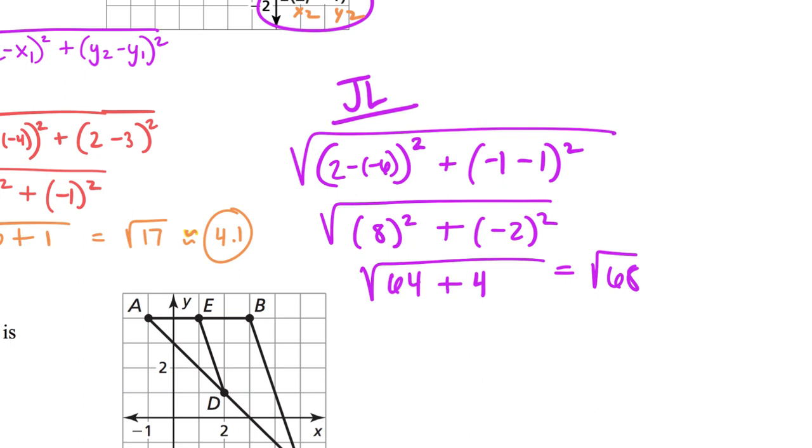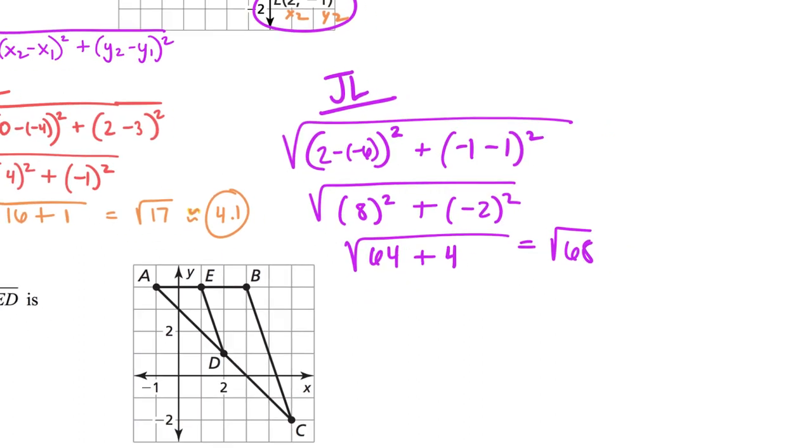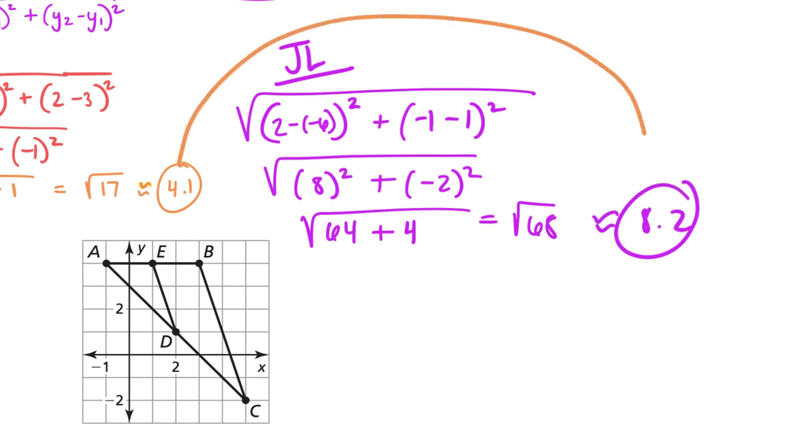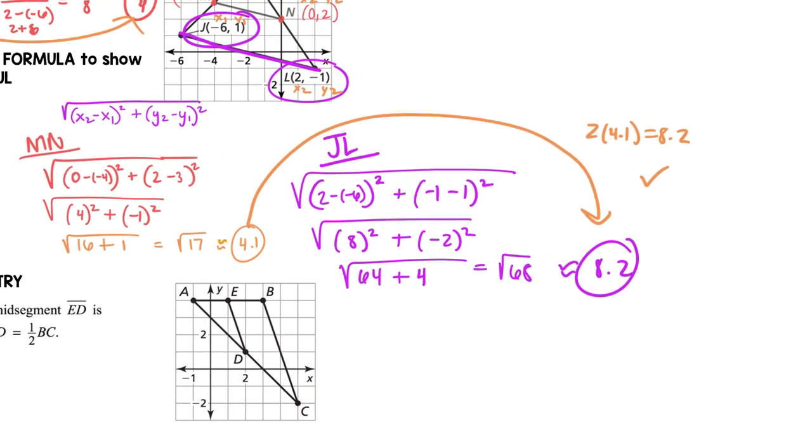Put that into your calculator, and the square root of 68 is approximately 8.2. You can see that the relationship is true: if you take 4.1 and double it, 2 times 4.1 equals 8.2. So this works out. Everything is exactly what we thought it would be.